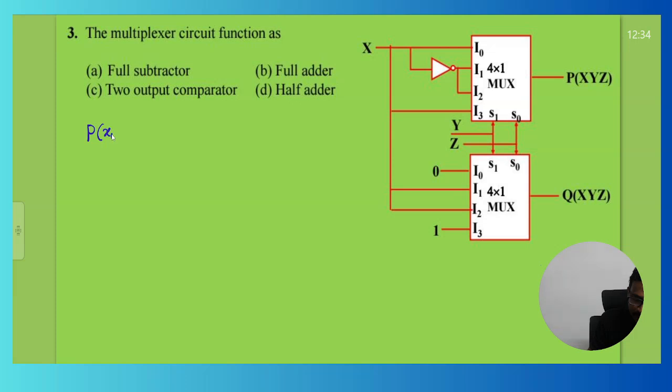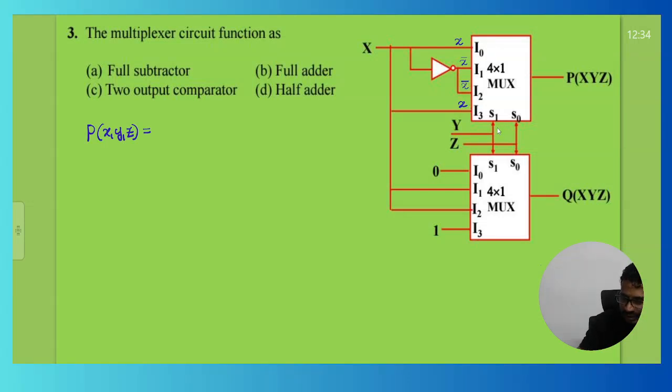P, that is a function of X, Y, Z, which is given as, tell me now, X bar, this is X bar, and this is X only.